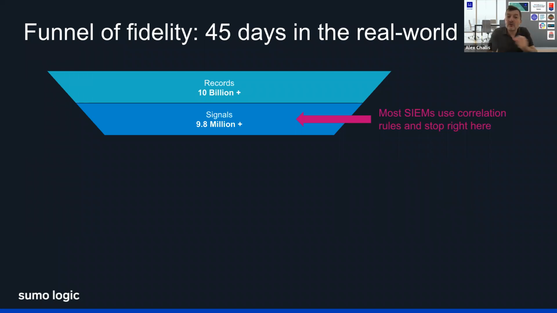But the fact is that most traditional SIEMs use correlation rules to get to this point, while other solutions try to increase alert fidelity further. They require substantial rule stacking and tuning, maybe machine learning and risk scoring. But in general, the bottom line is all of the solutions stop right here using this rules-based correlation, because they don't really capture unknown threat patterns.